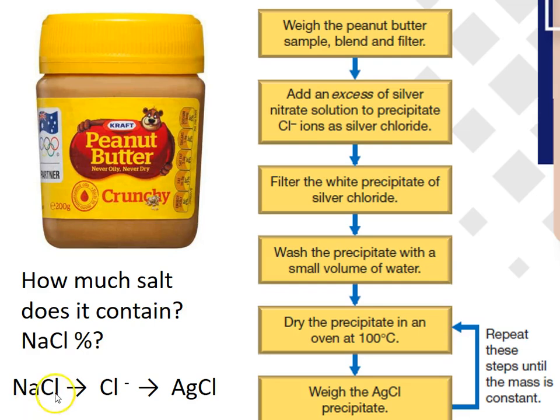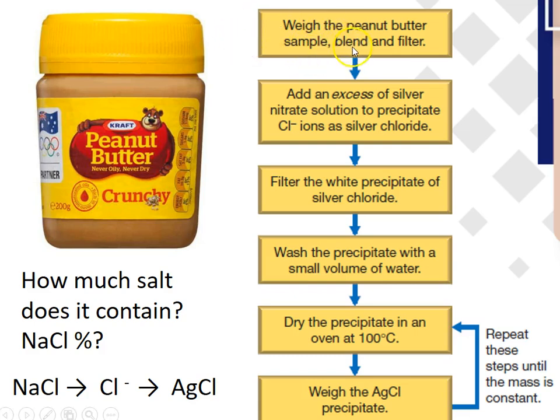So what we're going to do is work out a percentage, which means that we need a sample. If we had 100 grams of this peanut butter, we're going to work out what percentage of it is sodium chloride. So we need to weigh our peanut butter sample, because that's going to be the number that we'll put on the bottom to work out the percentage.